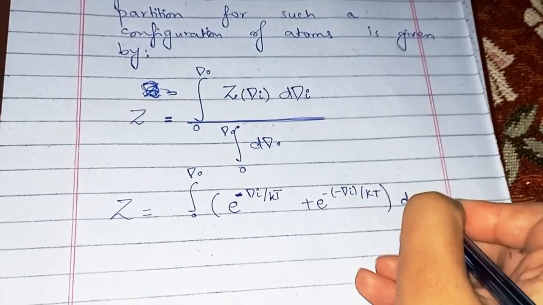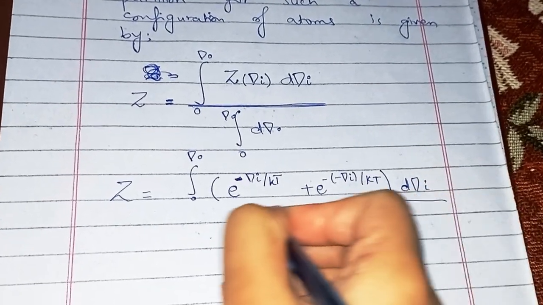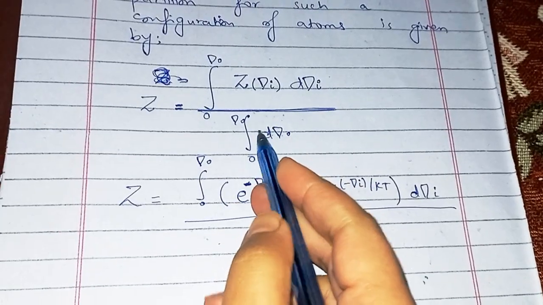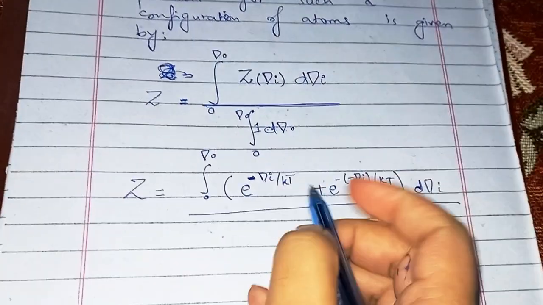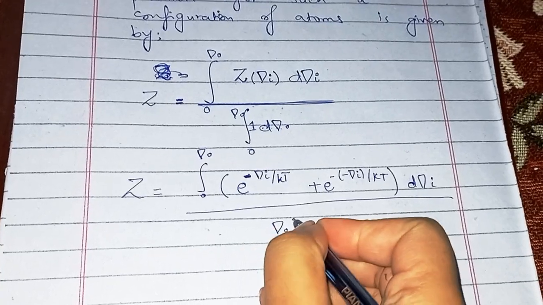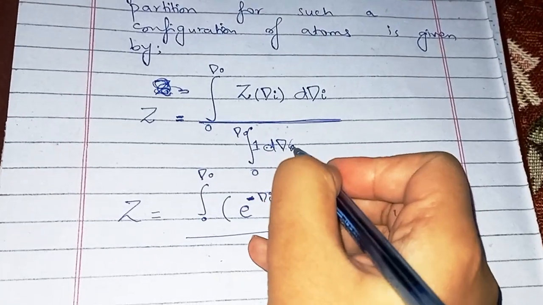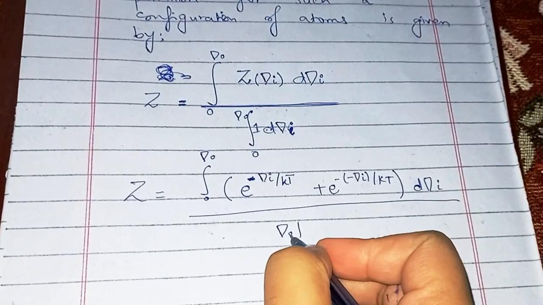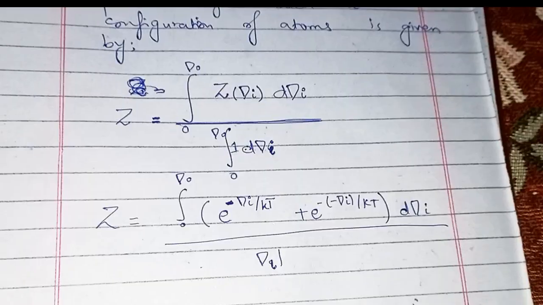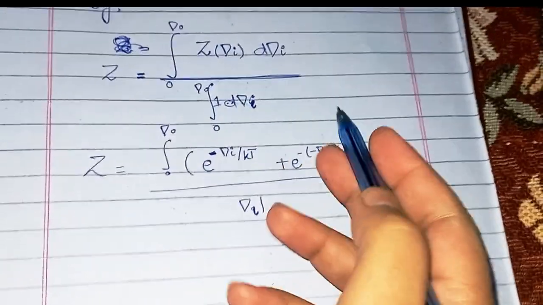Okay, there are two possibilities here, and divided by, here we have only one as the integrand, so its integration is simply delta naught. Oh, sorry, it's delta I here, because we are doing it over I, so it's I over there. Okay, that was a mistake.